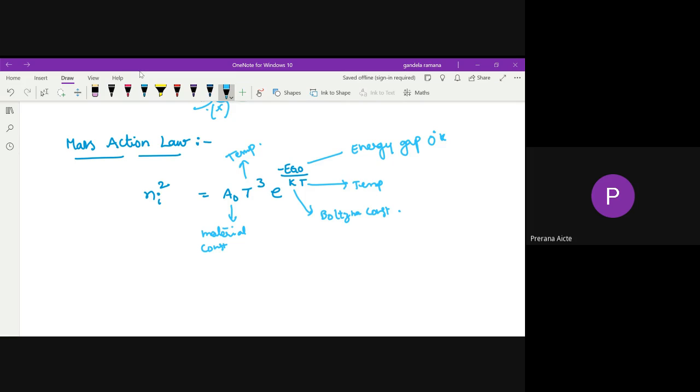In n-type material, when the doping concentration increases, the number of electrons increases. With temperature constant, the minority carriers decrease. Finally, the product is constant.